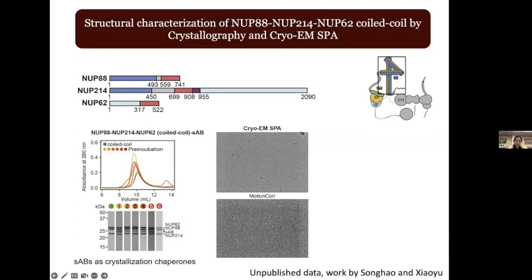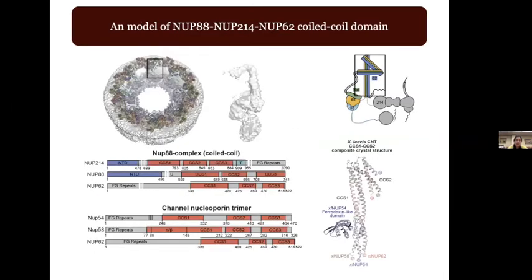We figured out a different way, which is to use the protein NUP62. This coiled-coil protein NUP62 is also a component of the channel nucleoporins. This structure was already solved, and it shows the same coiled-coil arrangement: the first coiled coil, the second, and the third one.